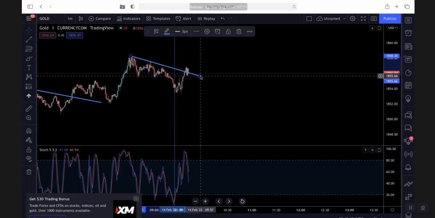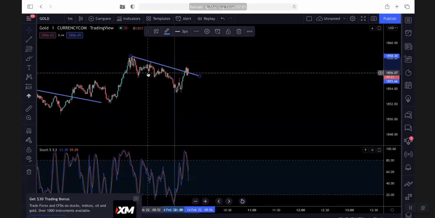So the stop loss should be below the M1 breakout or M5. M5. I will indicate now.